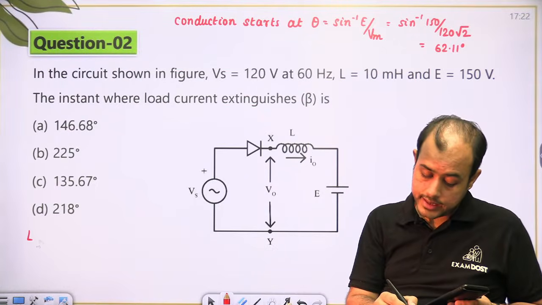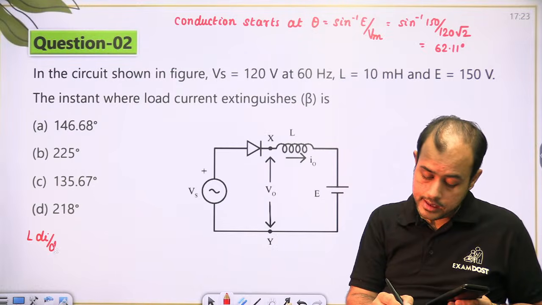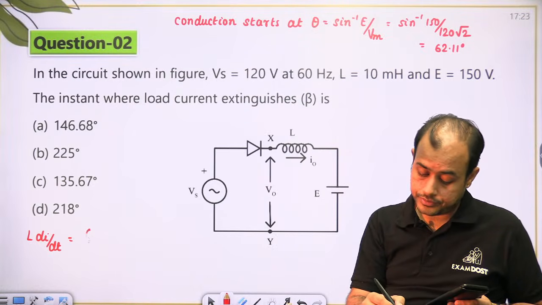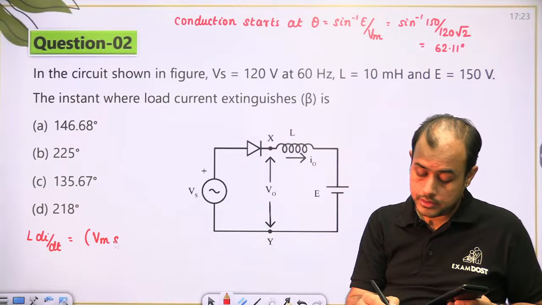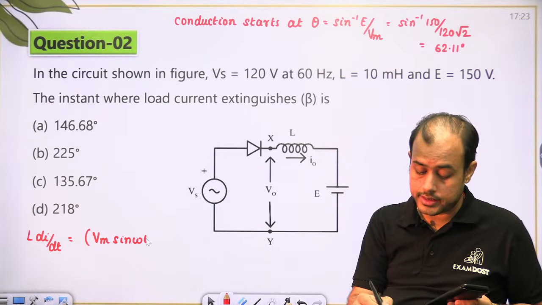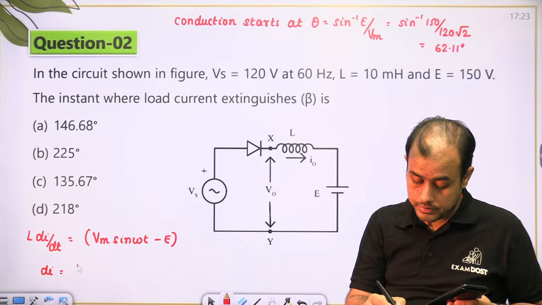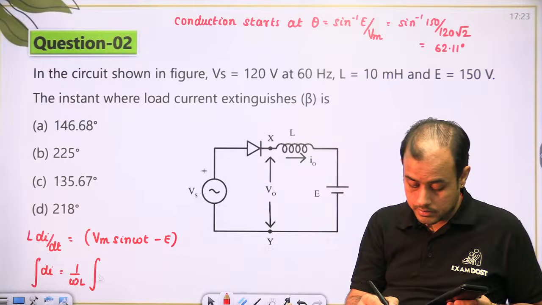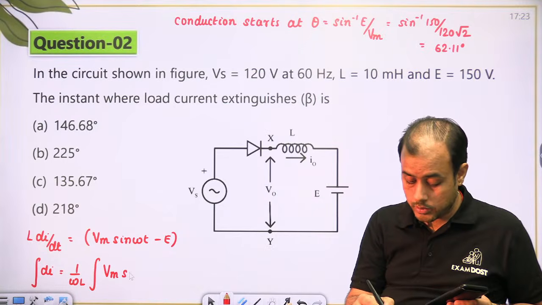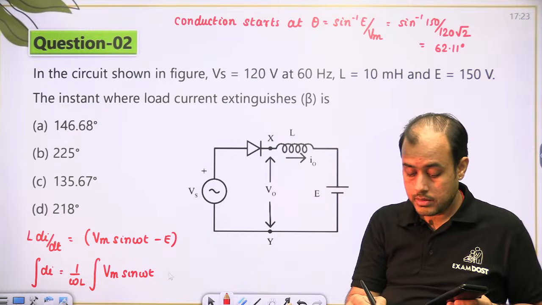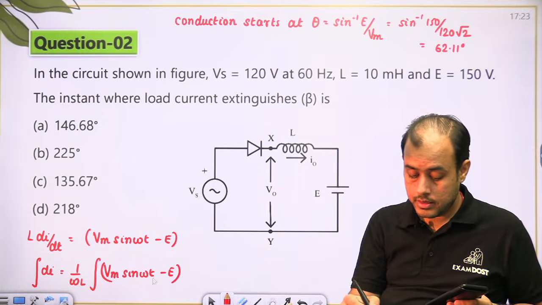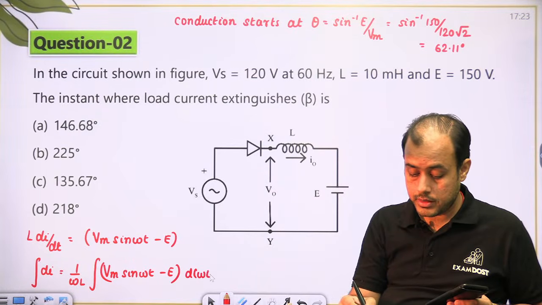Now what I will say, L di by dt, Vm sin omega t minus E, Vm sin omega t minus E d omega t.